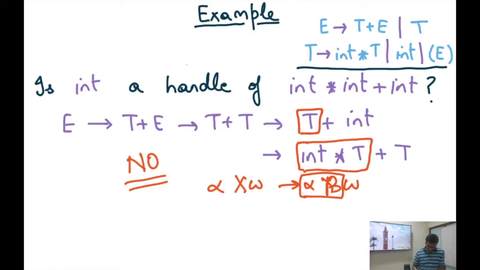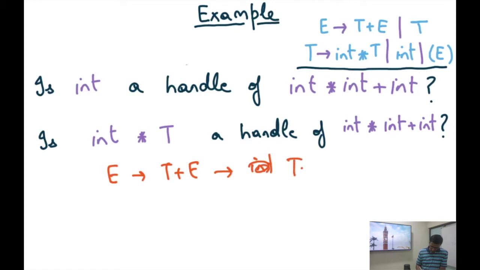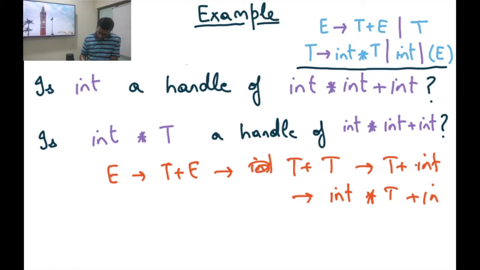Okay, let's look at some more examples. Is int star T a handle of int star int plus int? Well, we just saw that int star T is actually a handle. Once again, to see that, E derives T plus E, derives T plus T, derives T plus int, derives int star T plus int. Now this point represents omega, this represents X, and alpha is represented by the empty string.